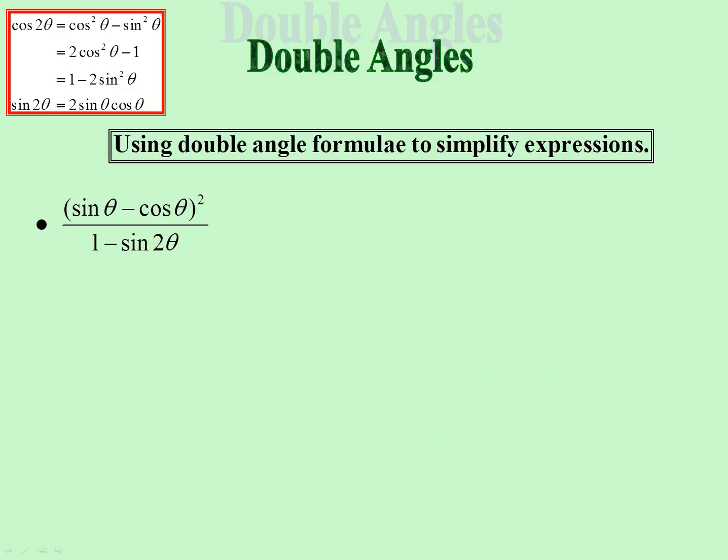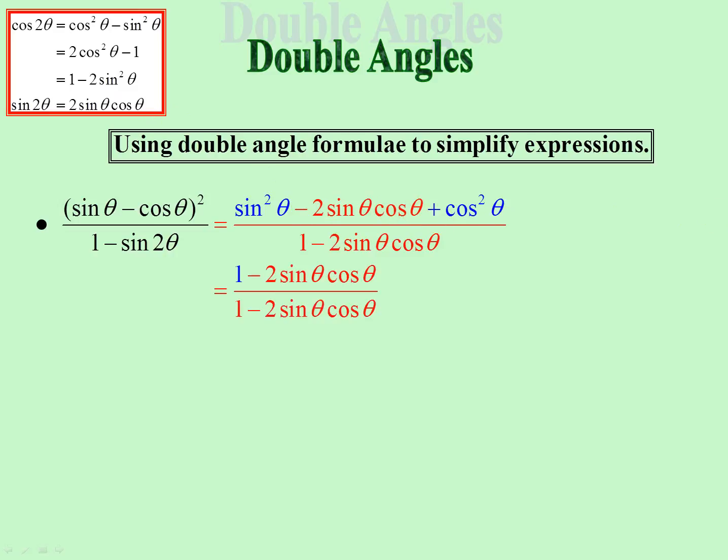Here's a similar one. Now it's sine alpha minus cos alpha all squared. So we're going to go through the same pattern. Square the top, write sine 2 theta as 2 sine theta cos theta. Our blues are going to become 1, and we can cancel.